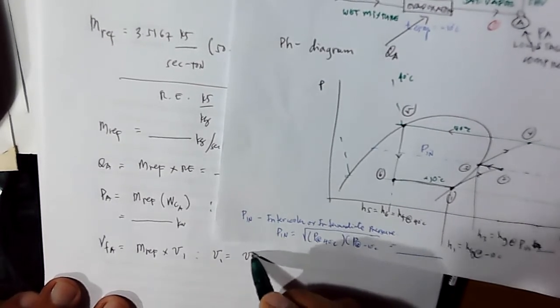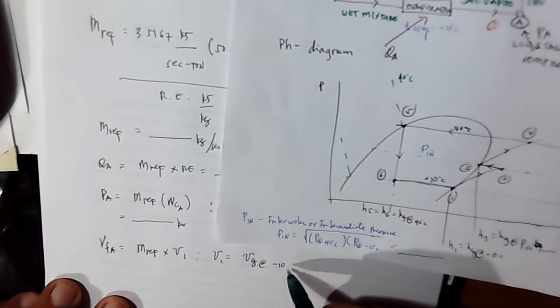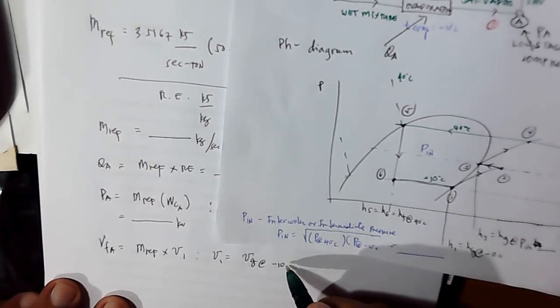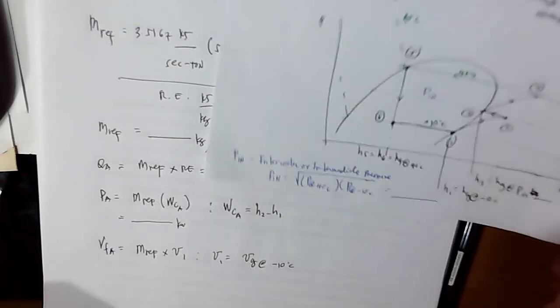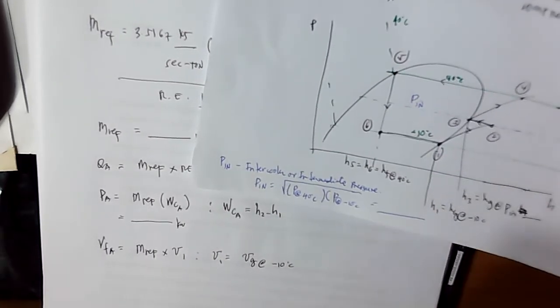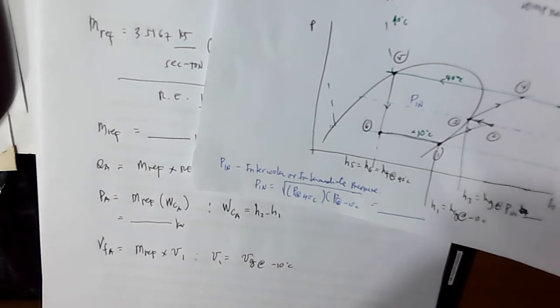V1 is equal to vg at negative 10 degrees Celsius. Let us first cut this.